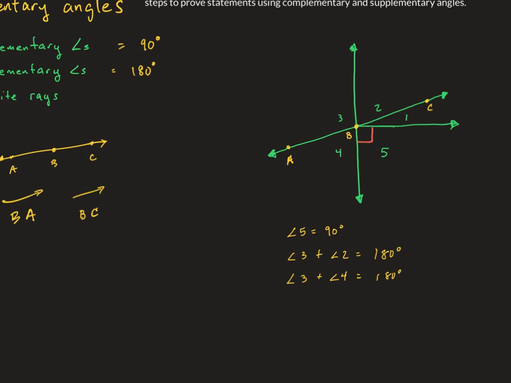Let's see, what else do we know? Well, given this straight angle, if this is 90 degrees, then angle 1 plus angle 2 should also be equal to how many degrees?